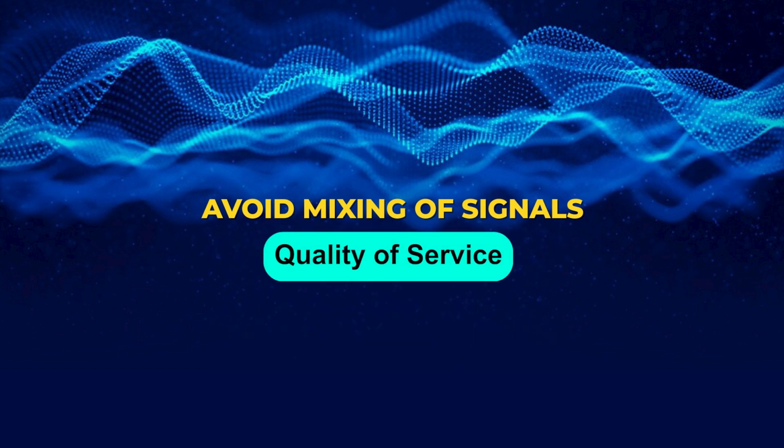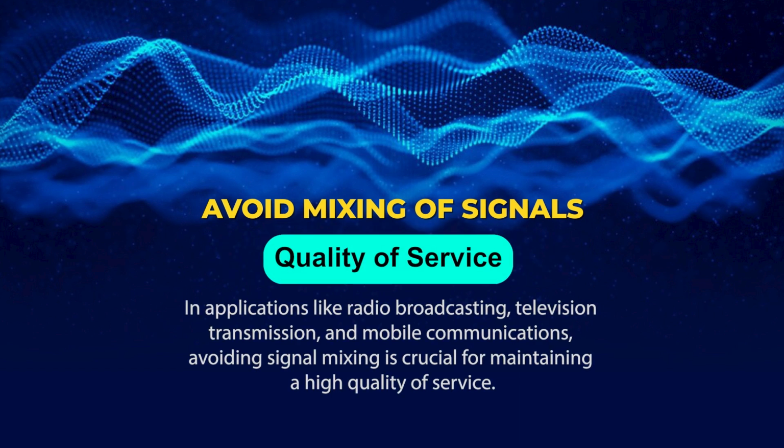Then the quality of service: in applications like radio broadcasting, television transmission and mobile communication, avoiding signal mixing is crucial for maintaining a high quality of service. How does modulation play an important role in avoiding mixing of signals?